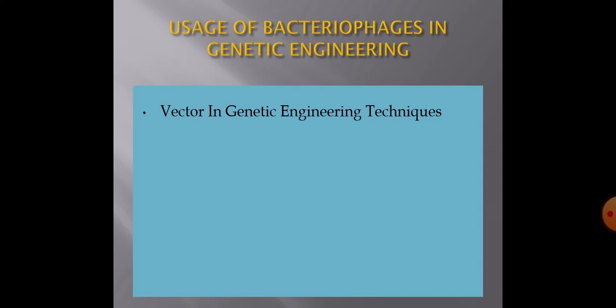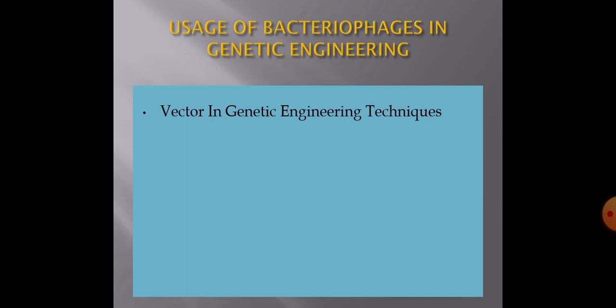They are also used to construct or to develop a genomic library. A genomic library is a collection of bacteria or phage clones which contain multiple copies of all the genes of an individual's genome. What is genome? Genome is the complete set of genes of an organism.